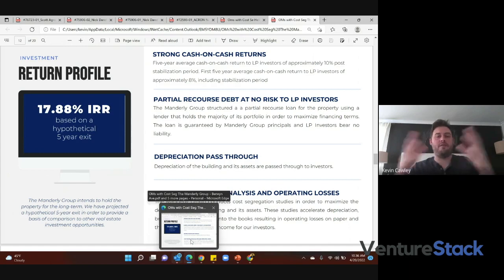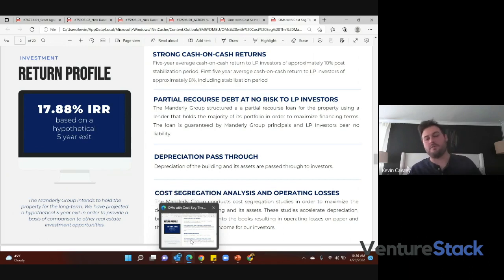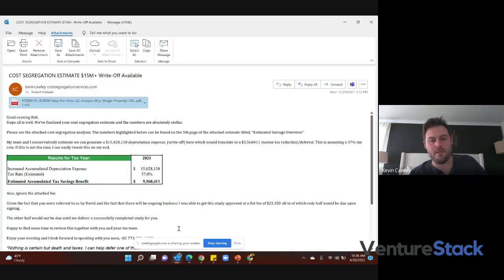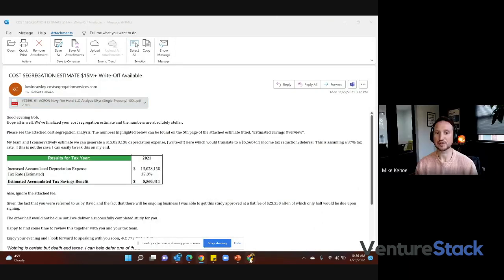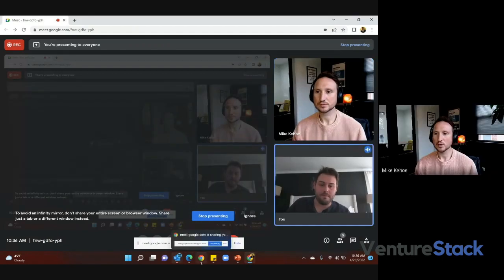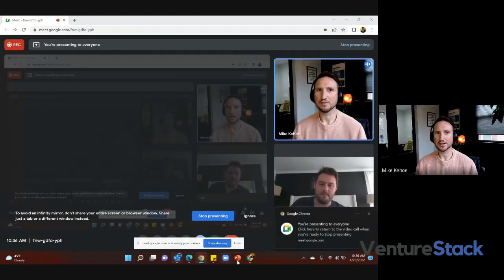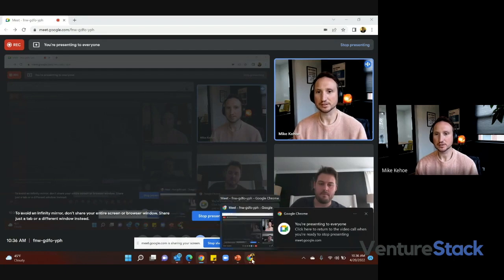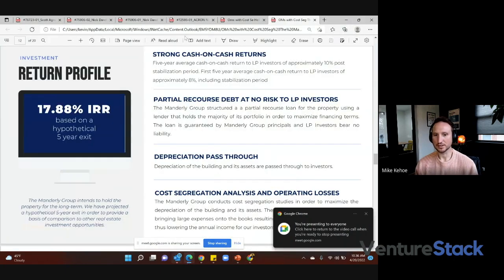Once the big benefit's created, the net number gets split pro rata. So if you put in 50K and you're a 5% owner, let's say, you get 5% of the total benefit created here, so you get 5% of the total loss. Yep. Got it.